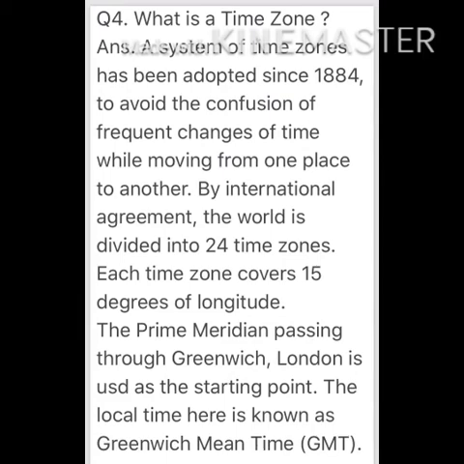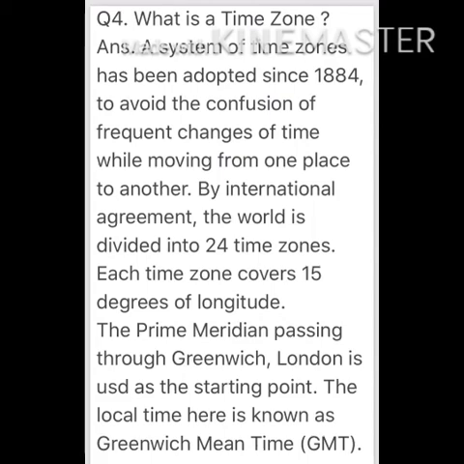By international agreement, the world is divided into 24 time zones, full stop. Each time zone covers 15 degrees of longitude, full stop. Start writing from the next paragraph.